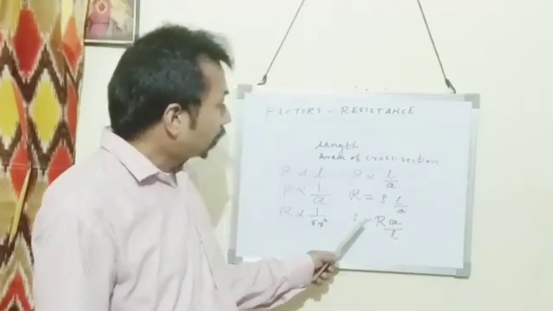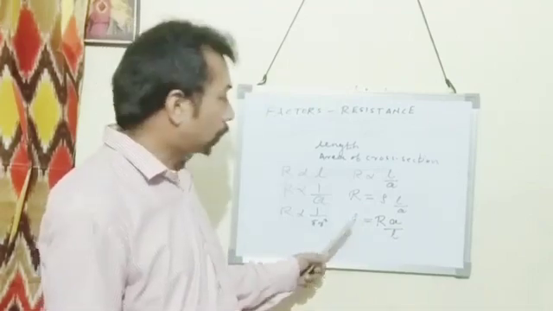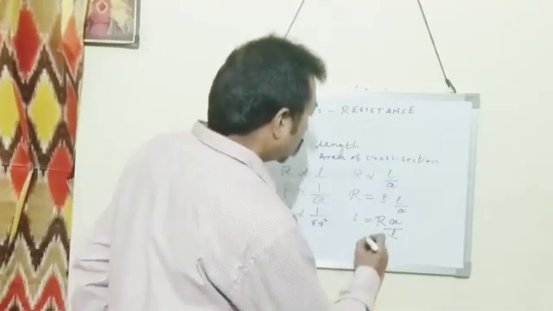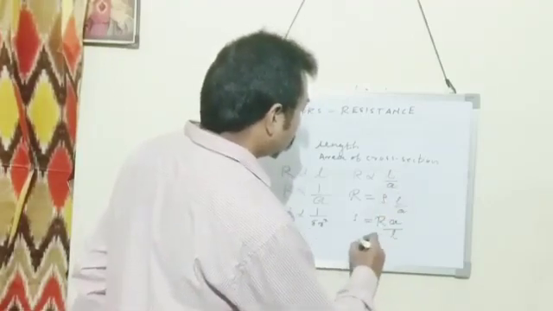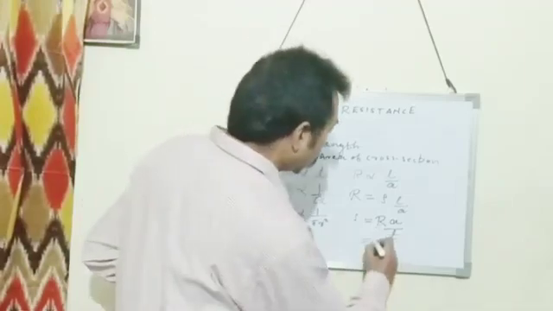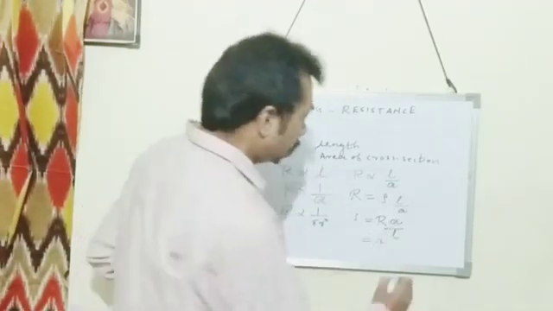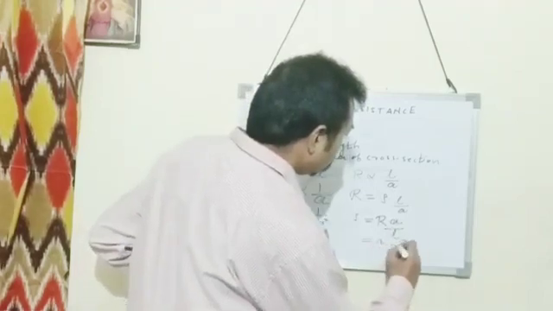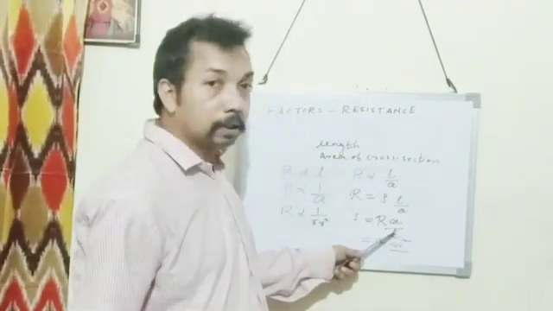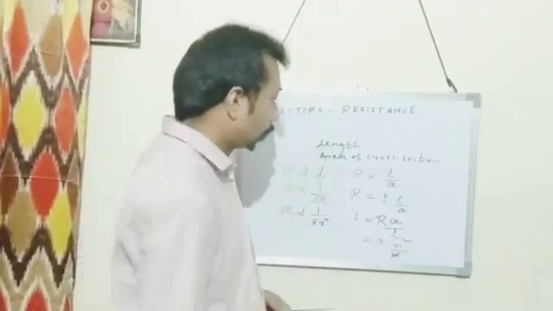Now let us write the unit of specific resistance. The unit of specific resistance is unit of resistance, ohm, into unit of area, meter square, upon unit of length, meter. So meter square and meter, one meter is cancelled.